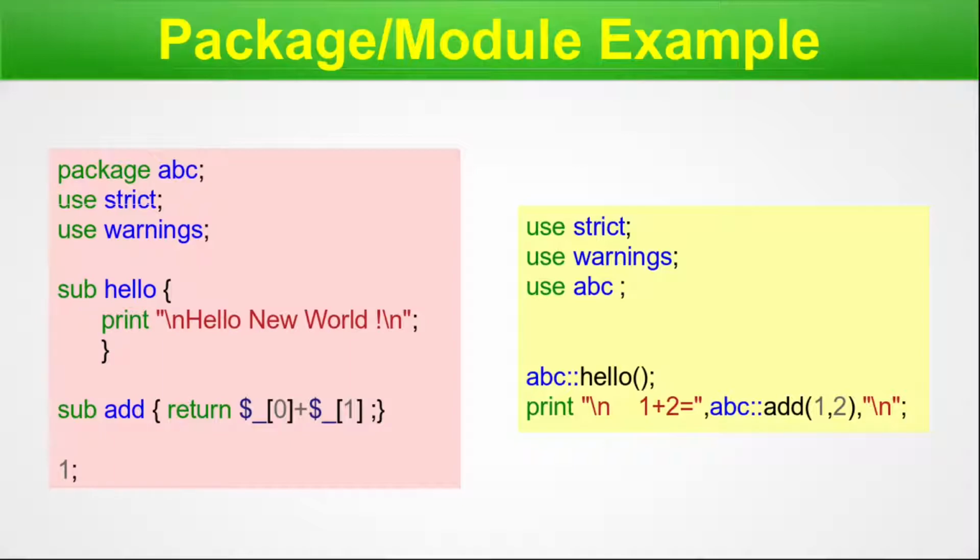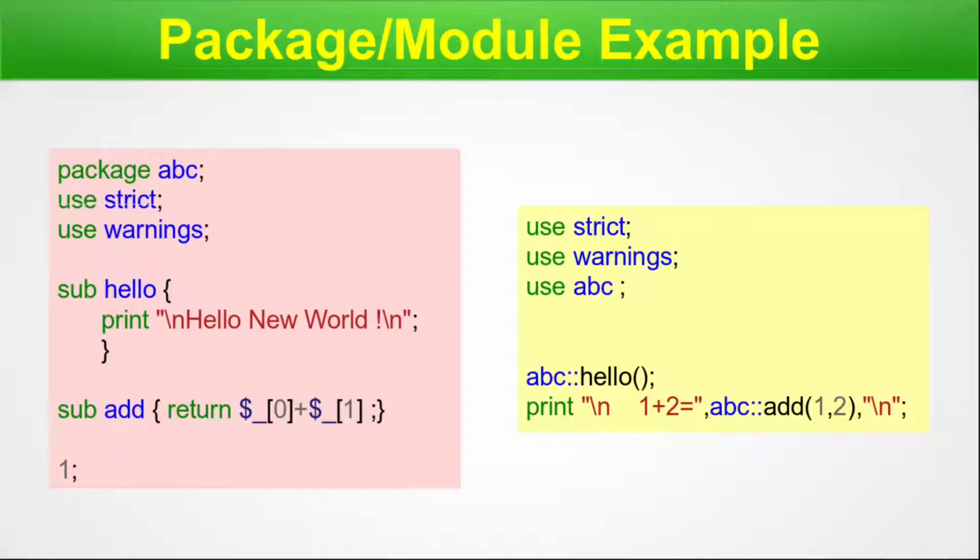This will call the add function we have written in the Perl module, and it will print the result. So this is the way you define a Perl module, and how you instantiate it and reuse the code anywhere you want, anytime you want.